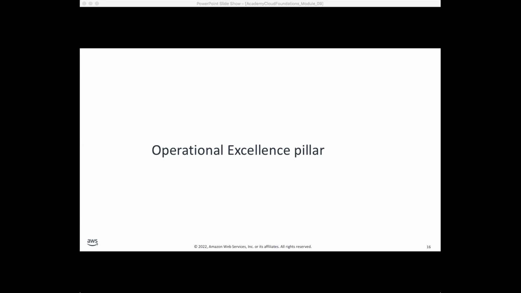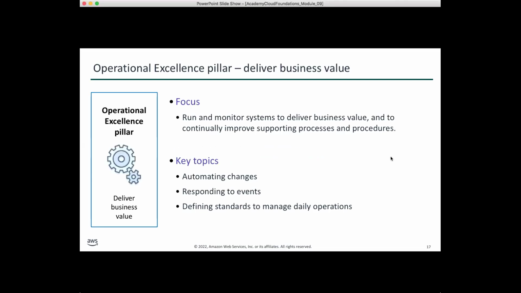So let's start with the operational excellence pillar. That's the first pillar, right? Each pillar is a combination of design principles as well as best practice areas, right? The operational excellence pillar is basically to deliver business value.